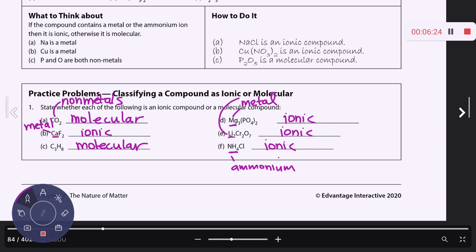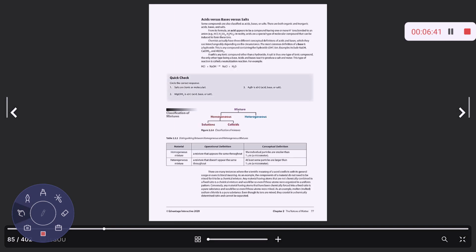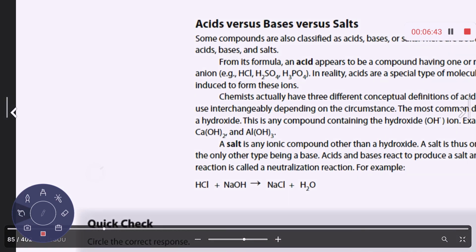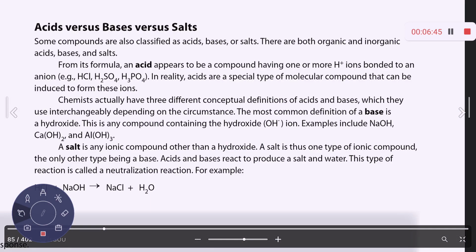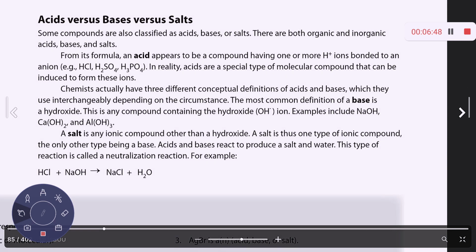Let's talk about acids versus bases versus salts. Okay, acids have a hydrogen ion. They will typically start with a hydrogen. And then they're going to have an anion attached.